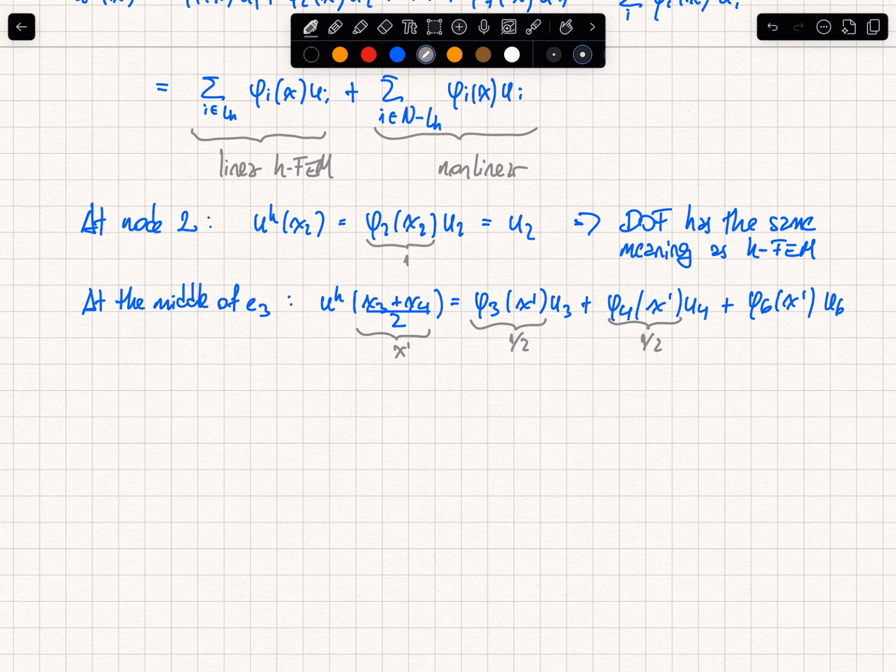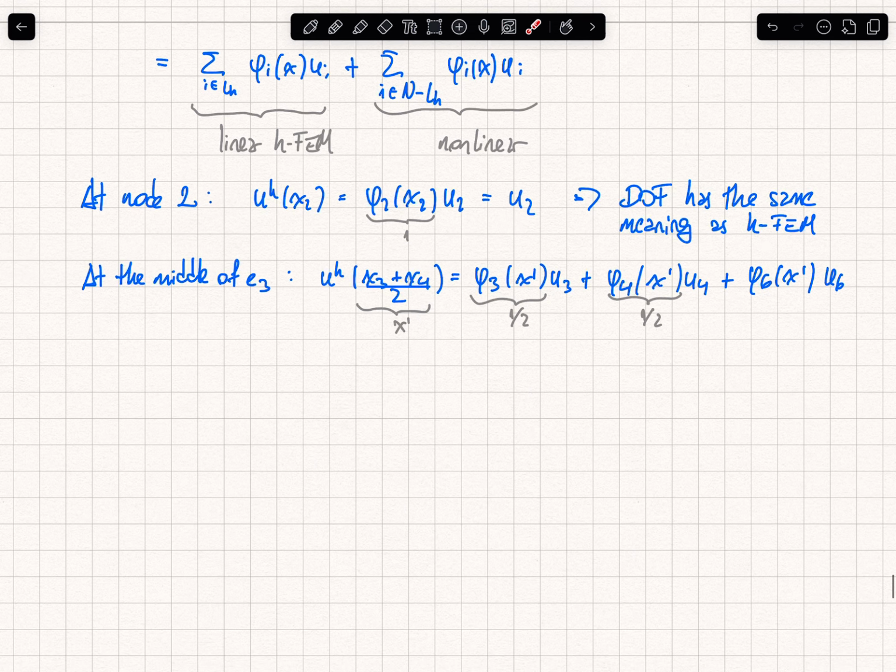And so now you can understand that the degree of freedom u6 is no longer the field at that location, right? And in fact, you can think of these generalized degrees of freedom. These are, by the way, called generalized degrees of freedom. You can think of them as more related to the high order derivatives of the function, right?